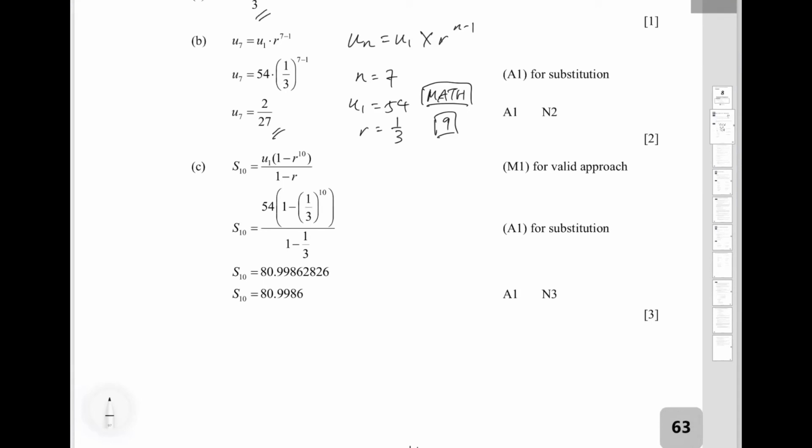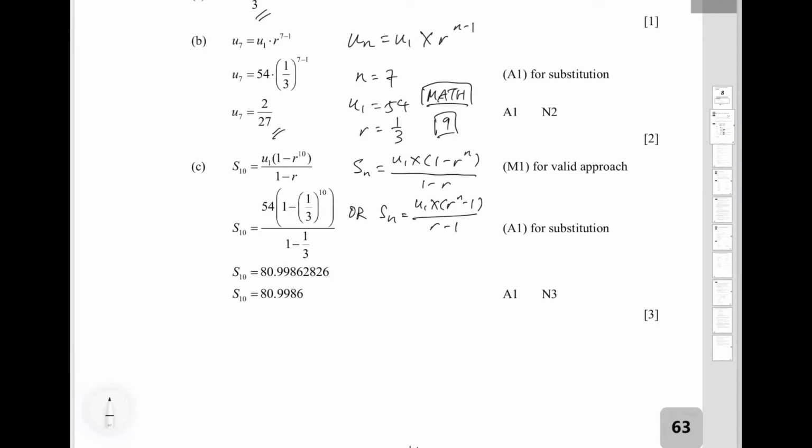That is, Sn equals u1 times the bracket 1 minus r to the power n over 1 minus r. Actually, there exists a second version of this formula, that is u1 times the bracket r to the power n minus 1 over r minus 1. But those two formulas are equivalent, so you can use either one of them.